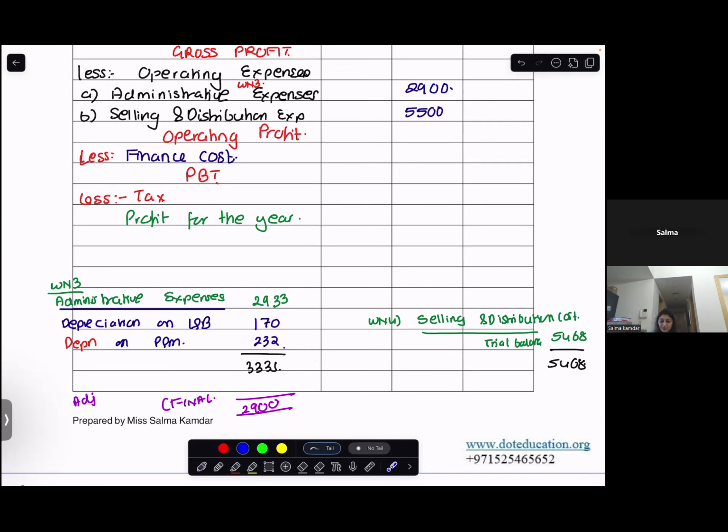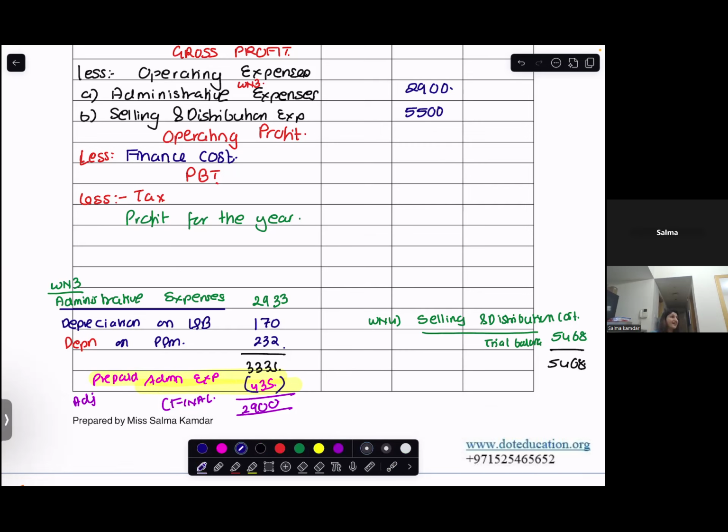That means I have found out prepaid administrative expenses how much? 435. Where will this go? This is subtracted from here.